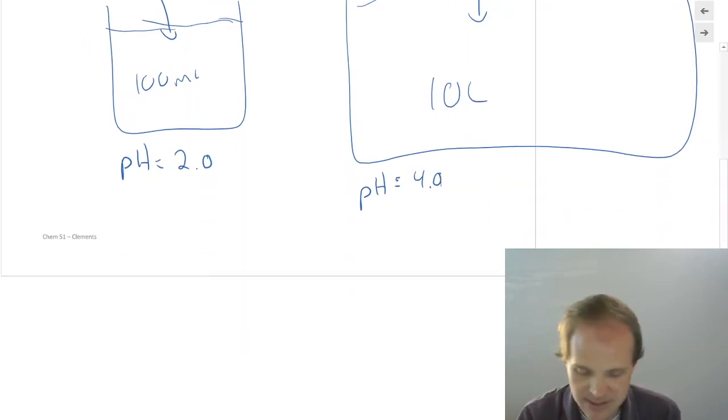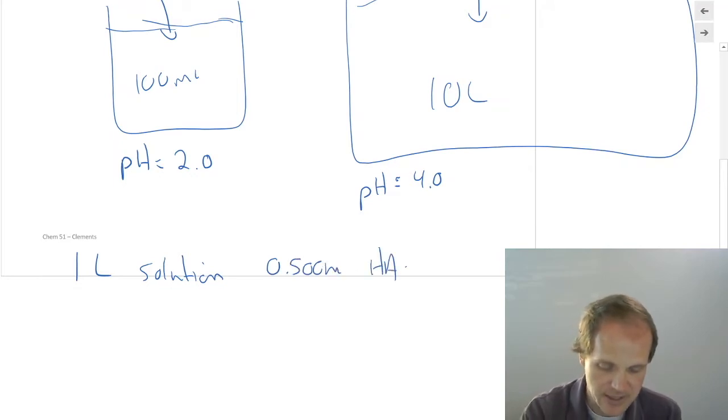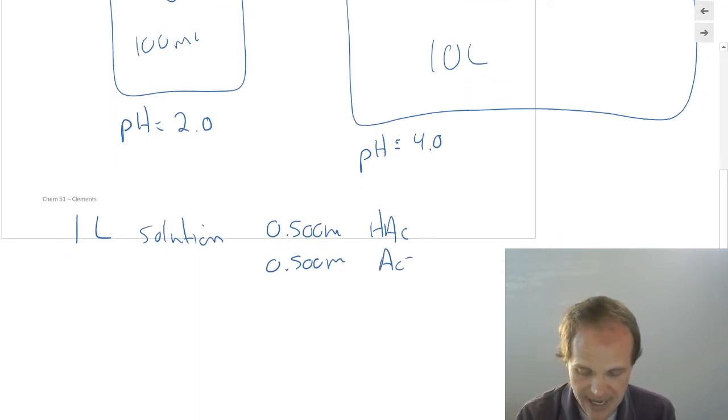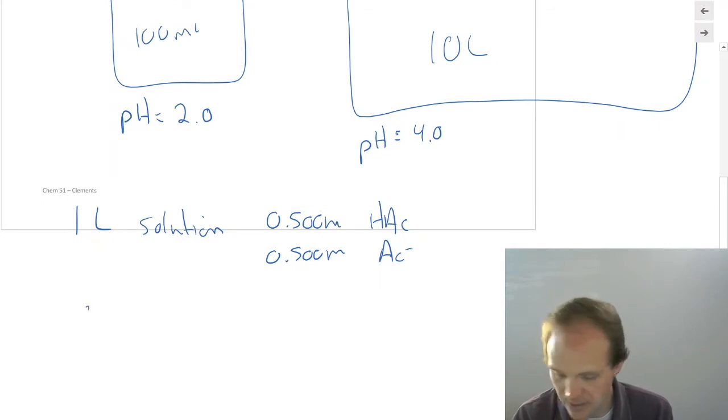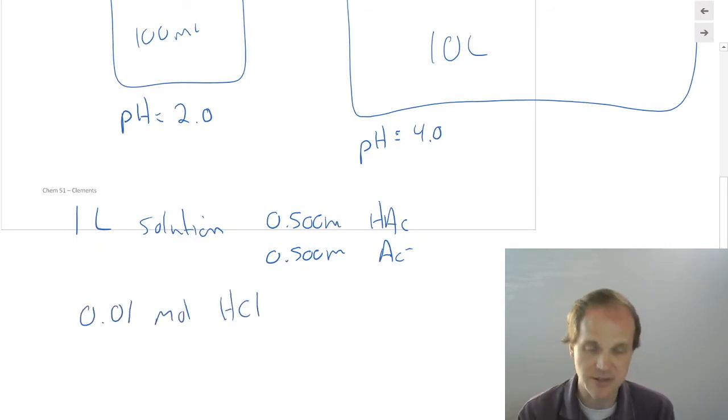So let's go ahead and say we've got a 1 liter solution, and it contains our 0.500 molar HAc, and it contains our 0.500 molar Ac minus, and we're going to add somehow 0.01 moles of HCl. Notice I'm not adding a volume here. I'm not changing the total volume.